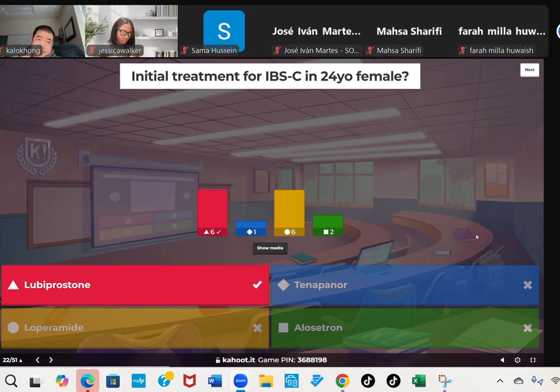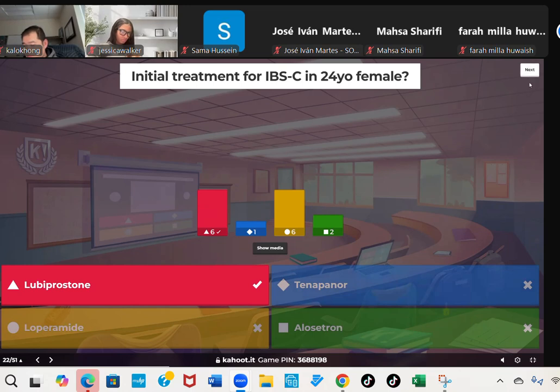Loperamide is going to potentially make the IBS-C worse, right? Because loperamide treats diarrhea, so that could cause constipation and make that worse. Eluxadoline is for IBS-D, so again, that's something that could make the patient worse. Tenapanor is for IBS-C, but we don't really know its place in therapy right now. It's still relatively new. It hasn't been determined where we should use it. So that makes lubiprostone the most appropriate choice here.